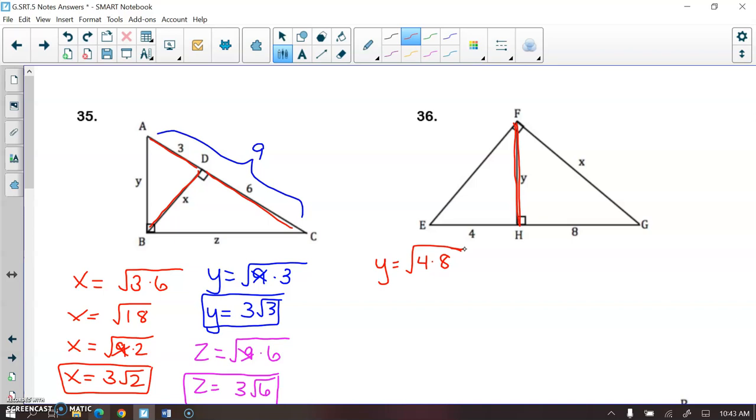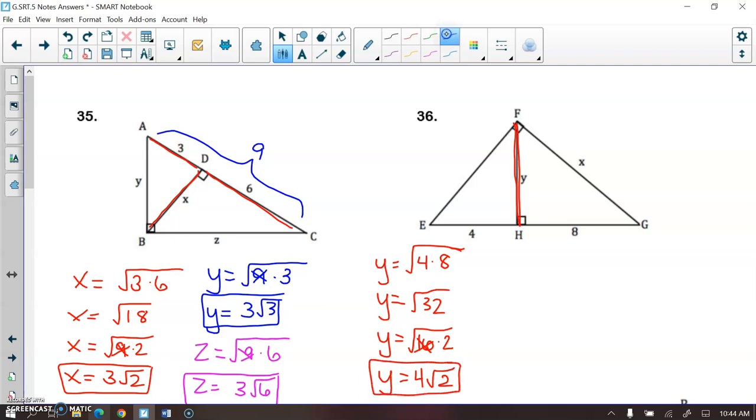Now you can do the square root of 4, however 8 has perfect square factors, so I want to keep going. I want to actually multiply 4 times 8 together to get 32. The largest perfect square factor of 32 is 16, so I have 16 times 2, that equals 32. So y is equal to the square root of 16 is 4, the square root of 2 cannot be done.